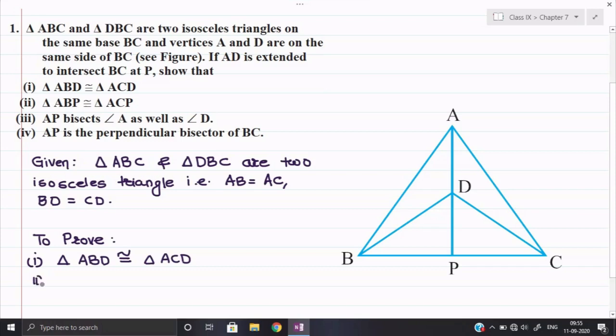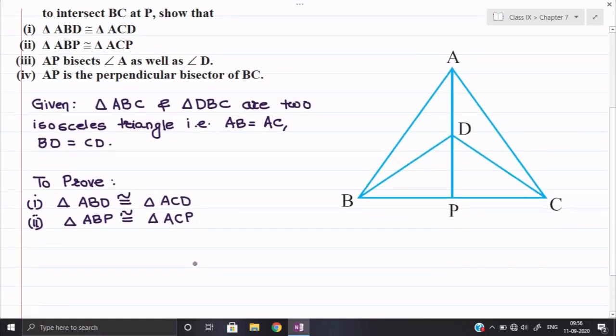Second part: triangle ABP is congruent to triangle ACP. Third one: AP bisects angle A as well as angle D.